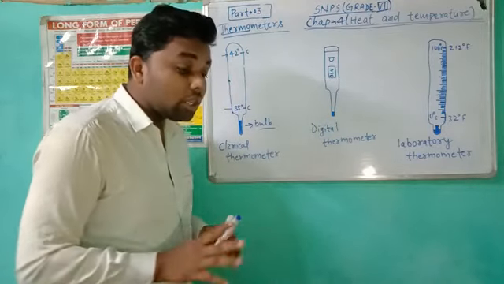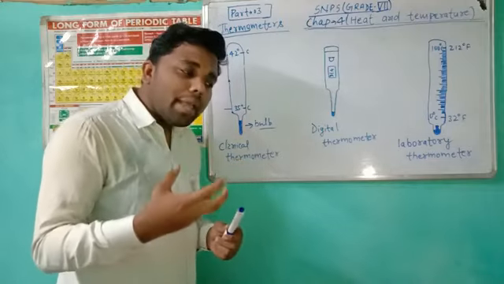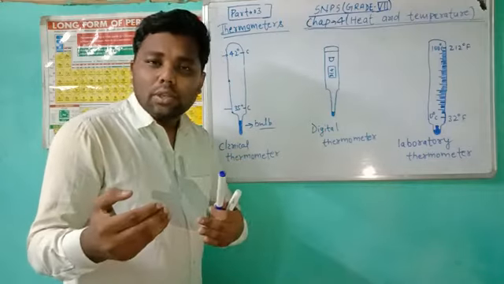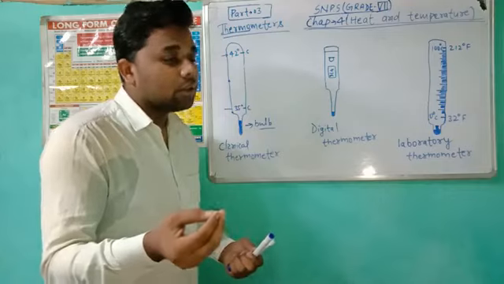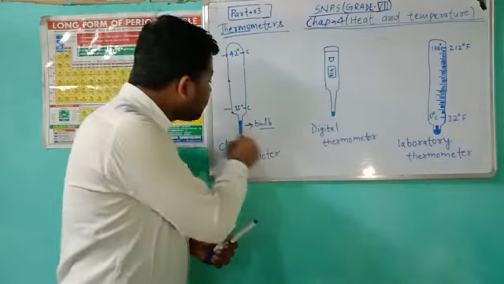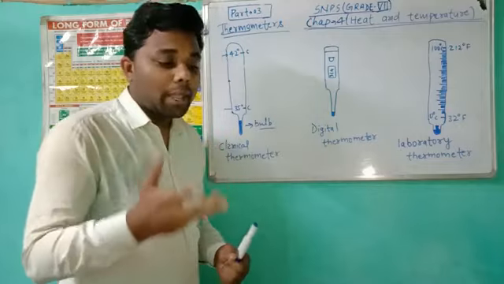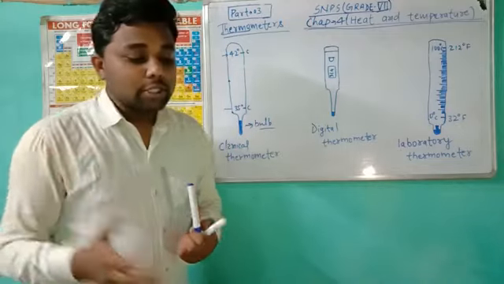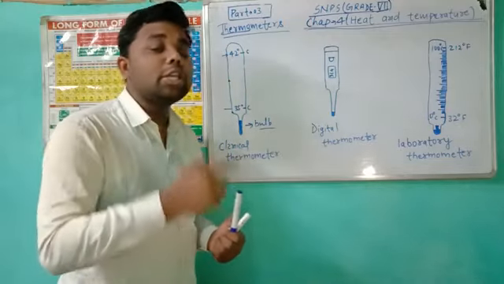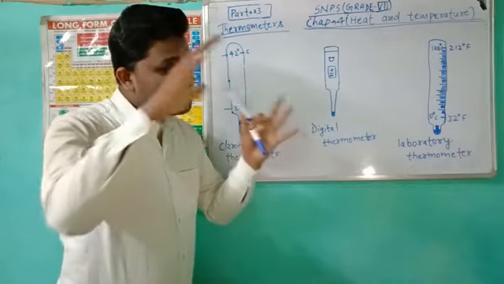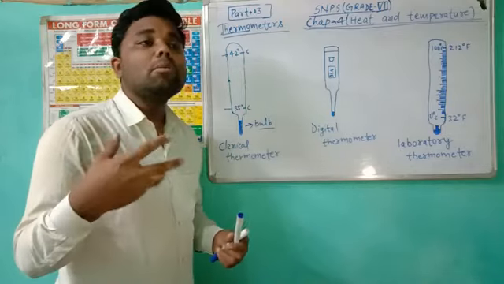The next question is why we need to use mercury in the bulb of the thermometer. Only mercury is used. Why? Mercury is preferred to other liquids. I am giving you some causes.